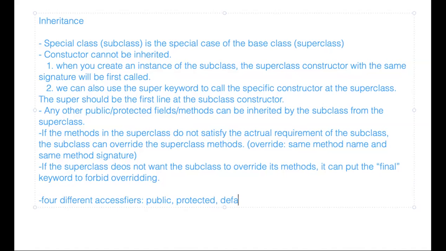The default is that only classes within the same package can access the methods or fields. The last one is private. Only its own class can access that field or method. So make sure you know the four different access modifiers in Java.